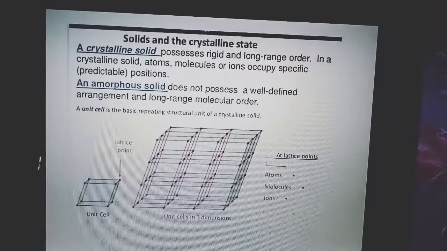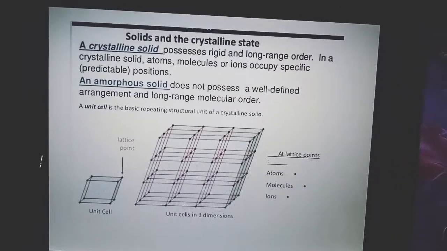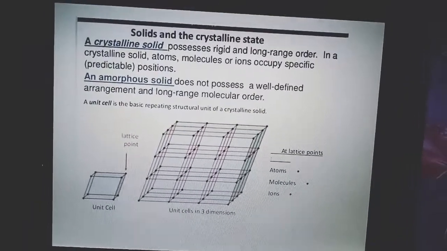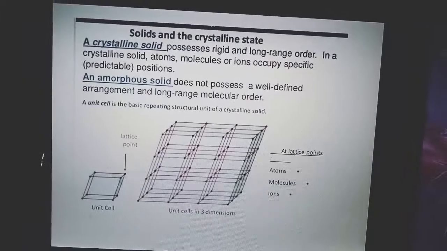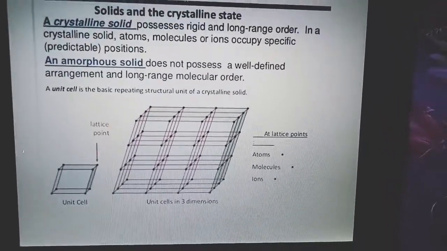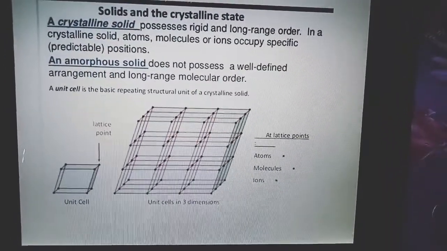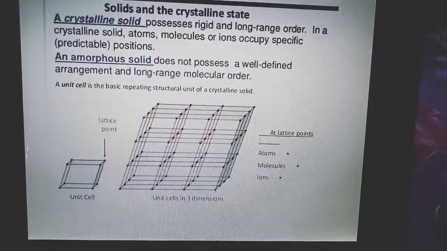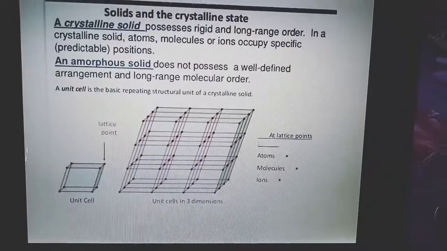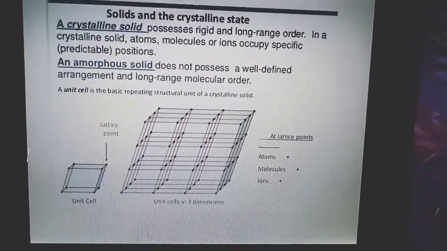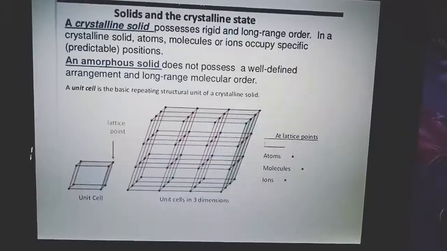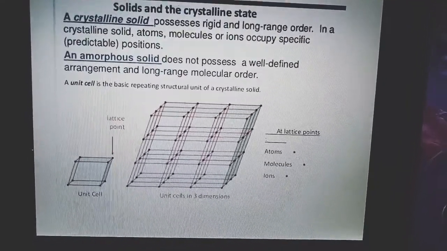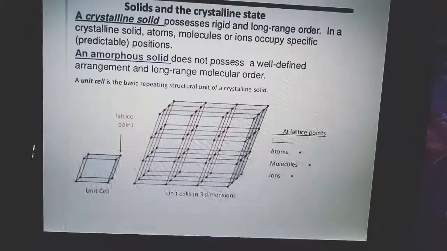An amorphous solid is defined as a solid which does not possess a well-defined arrangement and long-range molecular order. In crystalline solids, the atoms and molecules have specific positions; in amorphous solids, they do not.